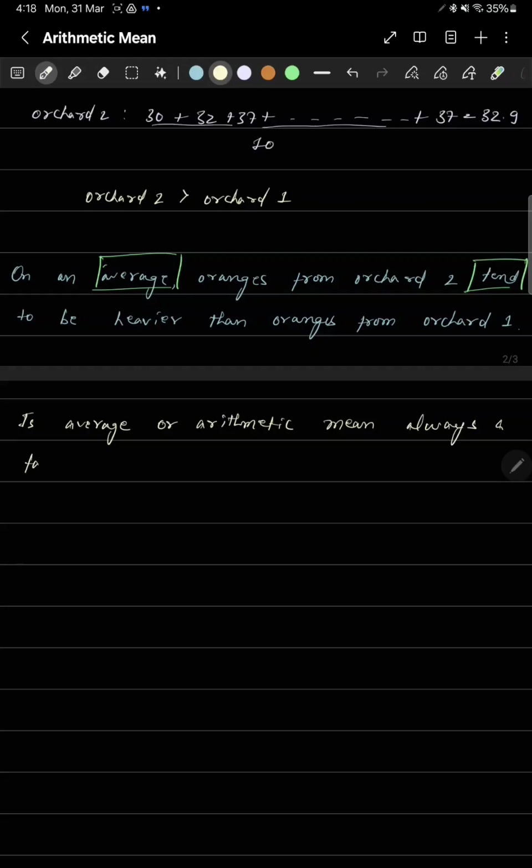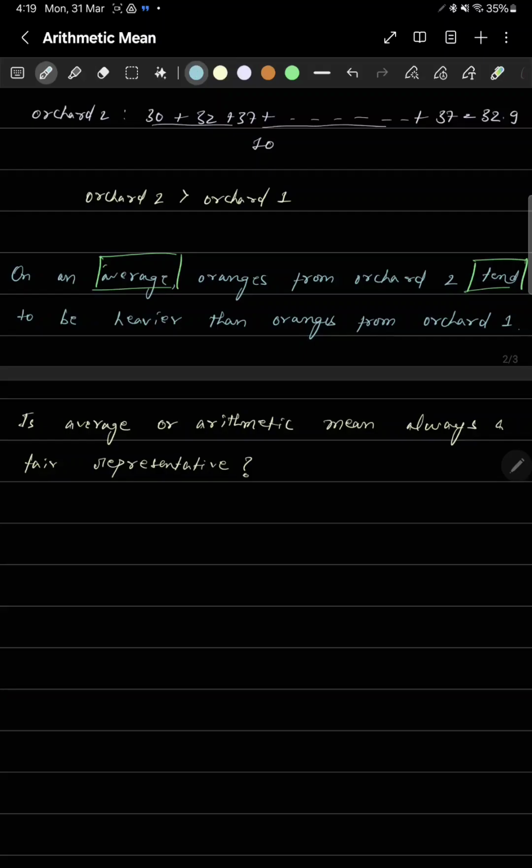What we mean to ask here is, can we always trust arithmetic mean? So the answer is, let's try to find out by using some examples. Instead of relying on some definitions or some stated facts in some book or somewhere, let's try and understand it ourselves.